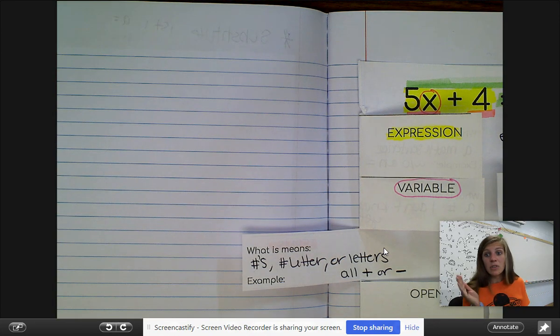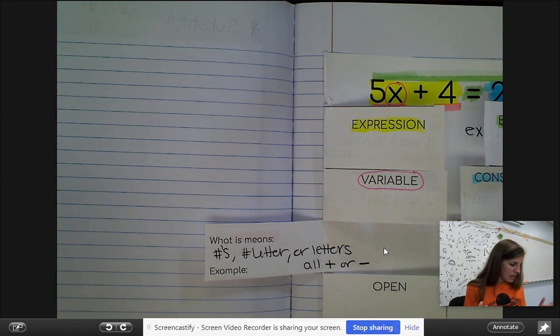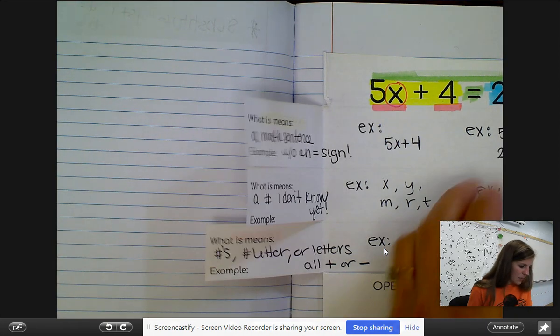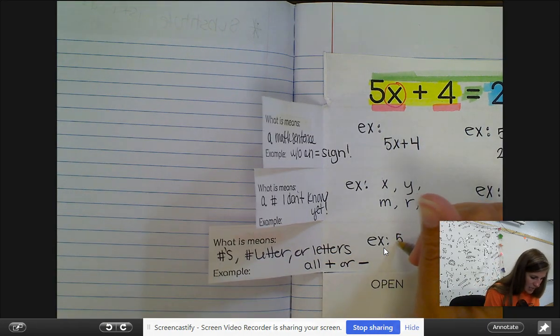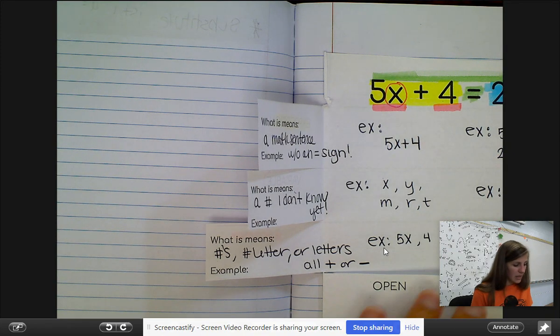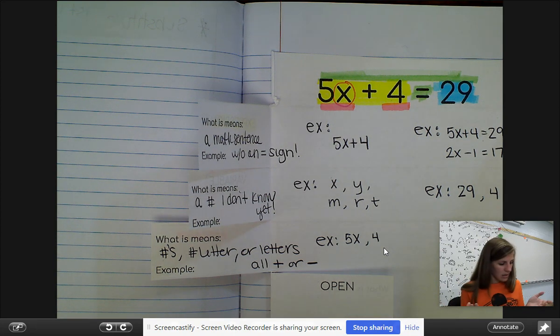So it has to be add or subtract. It's just a bunch of different things that are added or subtracted up. It could be a number, a number letter, or a letter. For example, here we had that 5x is a term and 4 is a term. 29 would not be a term because it's not being added up with anything.